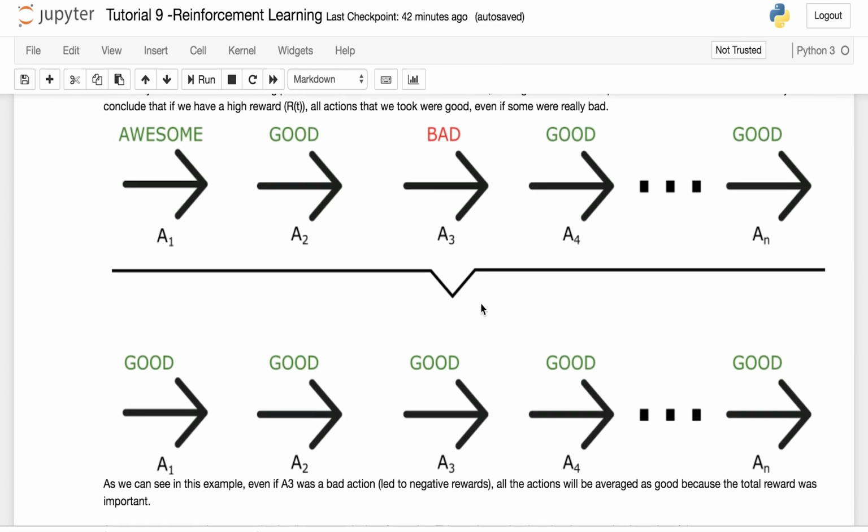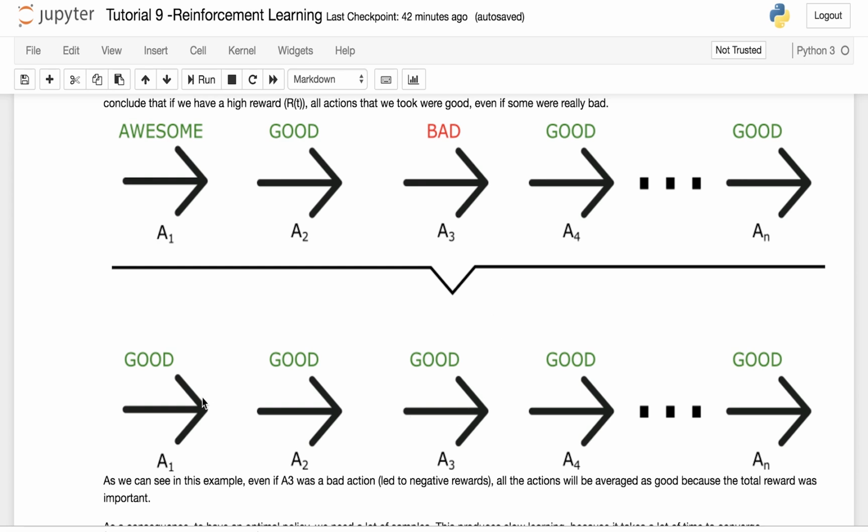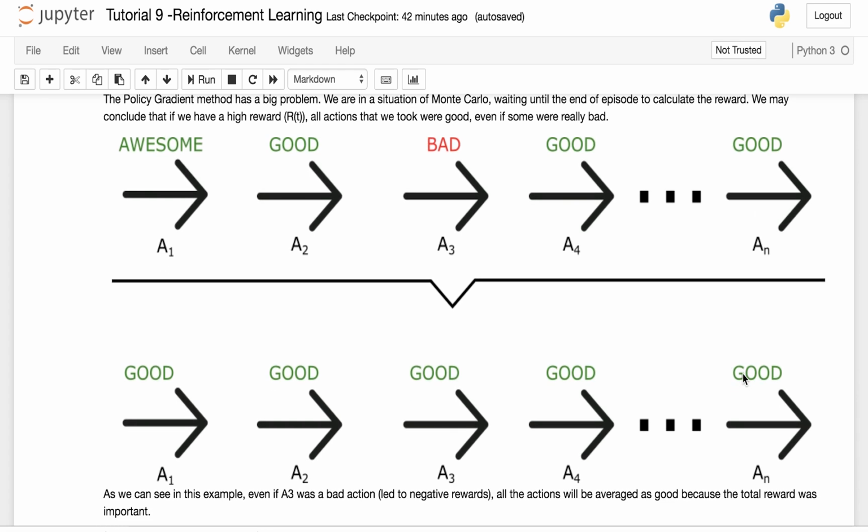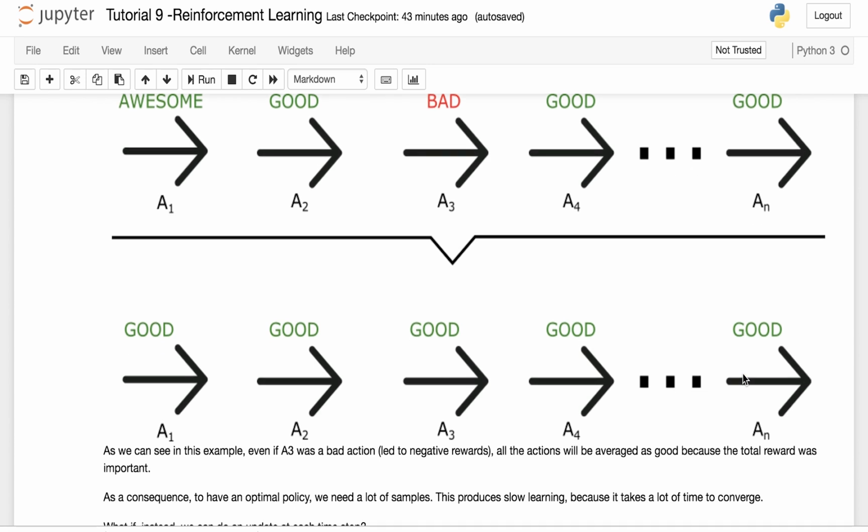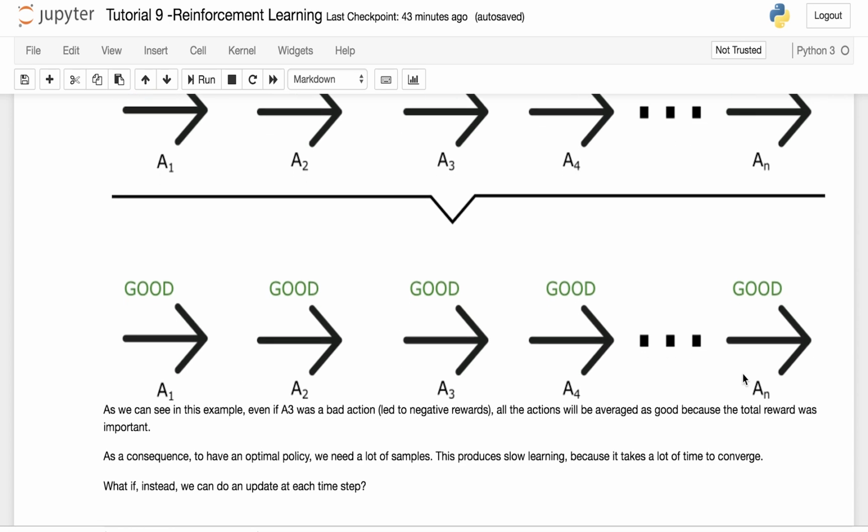We want each action that we take in a given scenario to be good, because otherwise it's suboptimal. As we can see in this example, even if A3 was the best action, it achieved good results. So as a consequence, to have an optimal policy, we need a lot of samples.